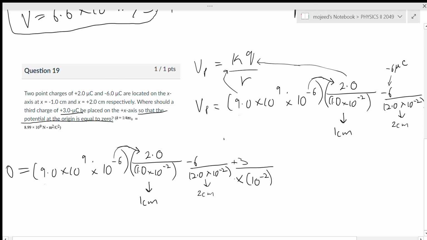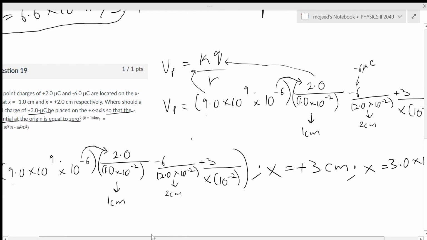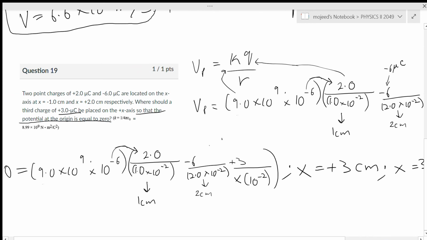Now we're trying to isolate x, and once we do that computation, we get x equals plus 3 centimeters, or we can say x equals 3.0 times 10 to the negative 2 meters. So this is where the third charge should be placed on the x-axis.